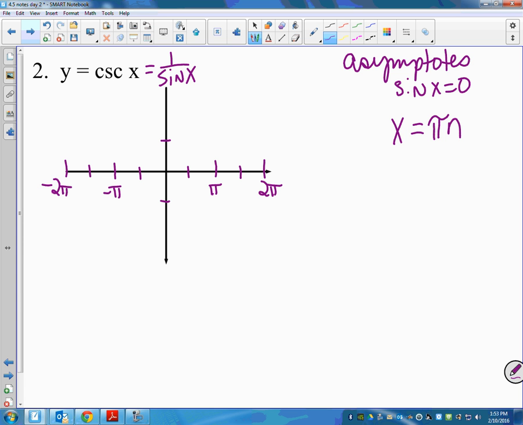And I know there's going to be an asymptote at 0, at pi, at 2 pi. I'm going to make those. So just like cotangent, there's always going to be an asymptote at 0, one at pi, one at 2 pi, since sine equals 0 at all of these values.